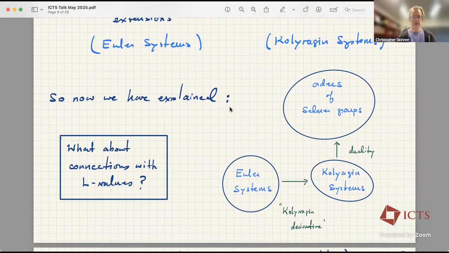Anyway, so now if you think back to that very first slide, maybe I've now explained the relation between Euler systems and orders of Selmer groups, with this stop along the route for Kolyvagin systems. The other half of the picture was the connections with L values.